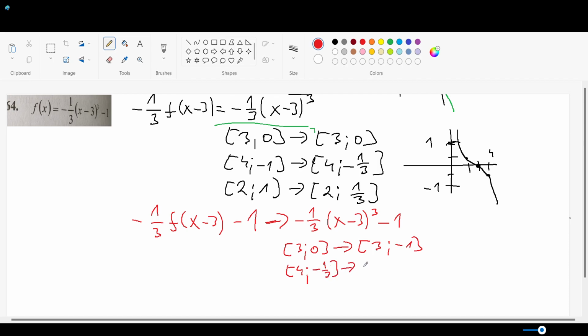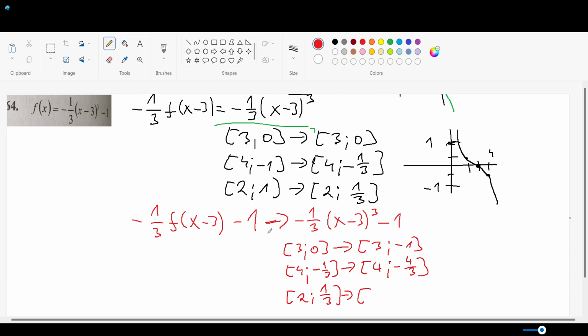And 4, -1/3 will be transformed, as this transformation has nothing to do with the argument of the function. The x value will remain, and this is going to be -1/3 take away 1, which if you simplify is like 1 take away 3, so this should be -4/3. Our last point is 2, and now it's 1/3, which will be transformed.